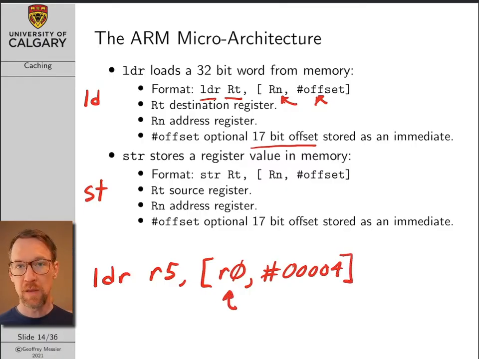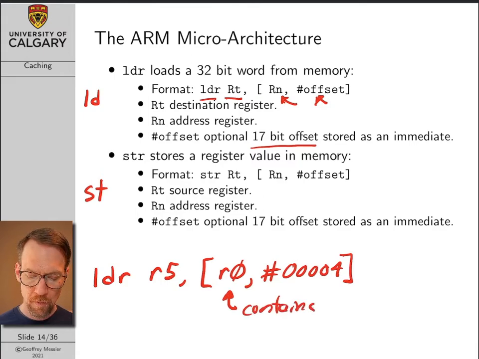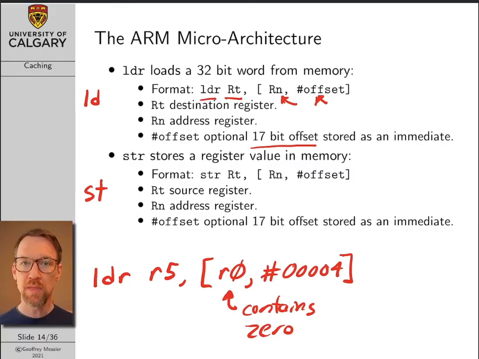In all of the examples in this lecture, I'm going to assume that the register R0 contains 0. And the reason why I'm doing that is just for readability. Basically, the actual address we read from is calculated as R0 plus the offset.